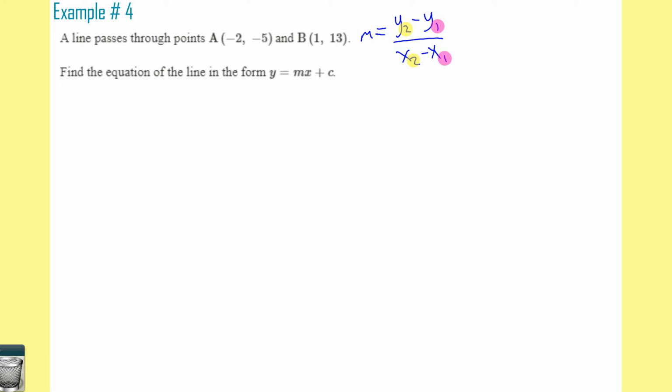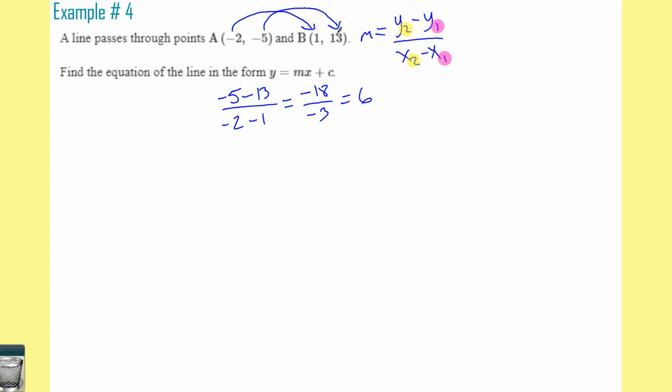So if I were to do negative 5 minus 13, so negative 5 minus that y, and then negative 2 minus 1, we're going to get negative 18 over negative 3, so we get 6. That's the same thing if I had gone the other direction.